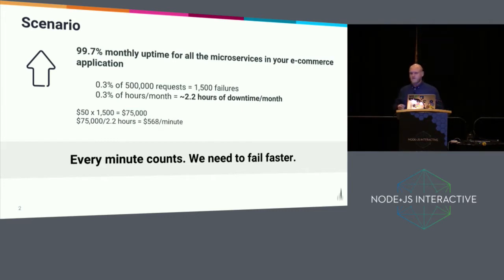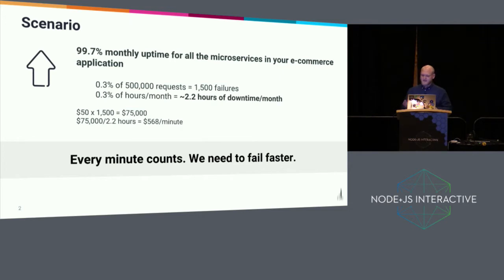So 0.3% of, for example, 500,000 requests equals roughly 1,500 failures. And that translates to about 2.2 hours of downtime per month. So if we applied a value of $50 to each one of these failures, that'd be $75,000 loss per month, or roughly $568 per minute.